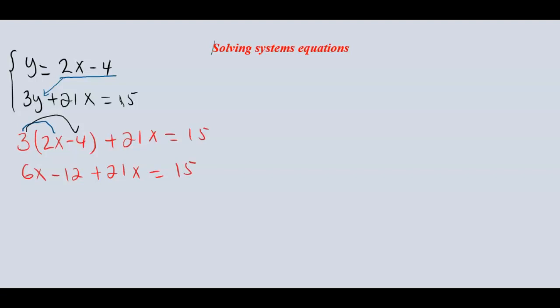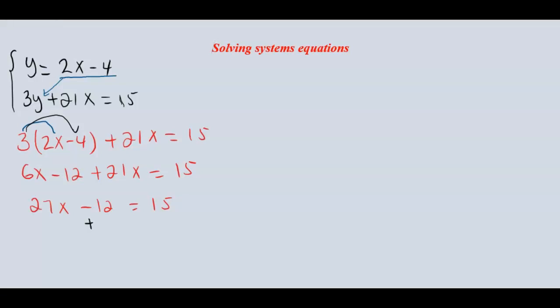Now we can combine like terms. 6x plus 21x is 27x. Okay, 27x minus 12 equal 15. Now we're gonna add 12 on both sides.